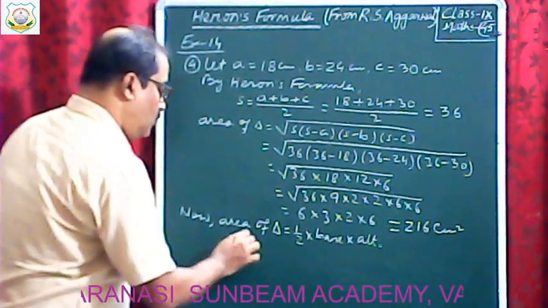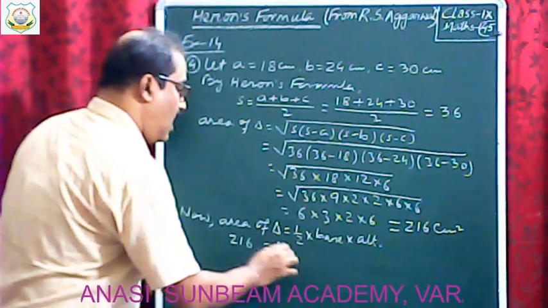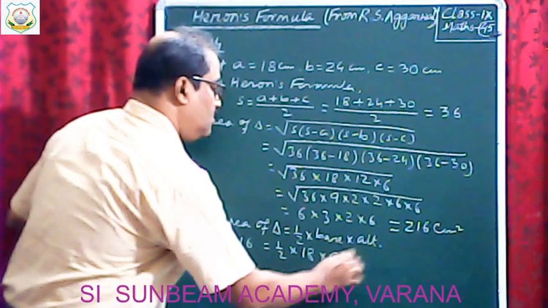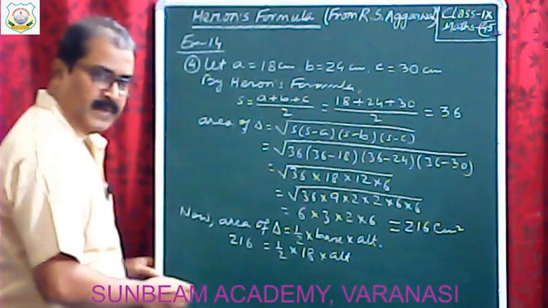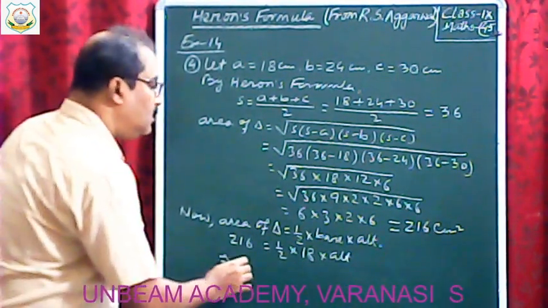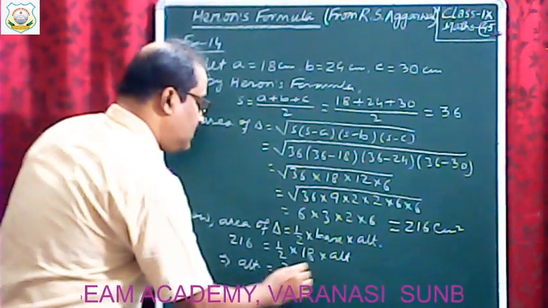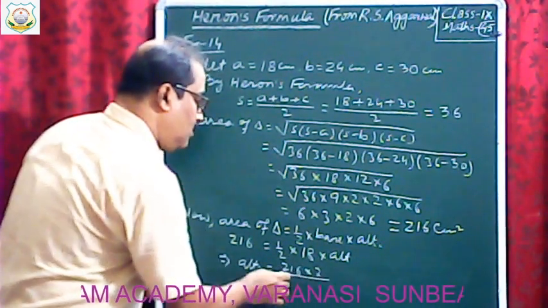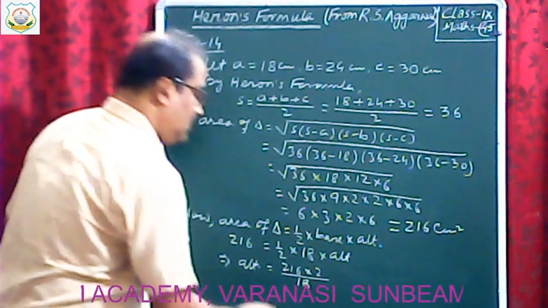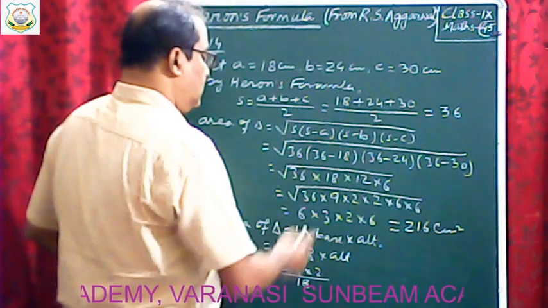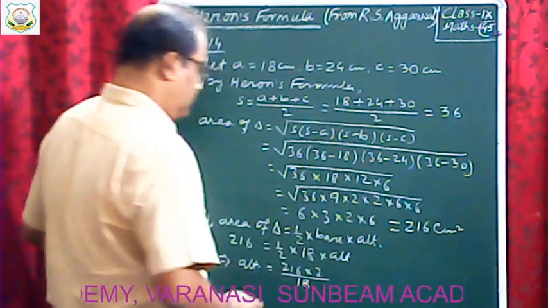So 216 equal to half into base 18 into altitude. So it implies that altitude equal to 216 into 2 upon 18, that's 24.